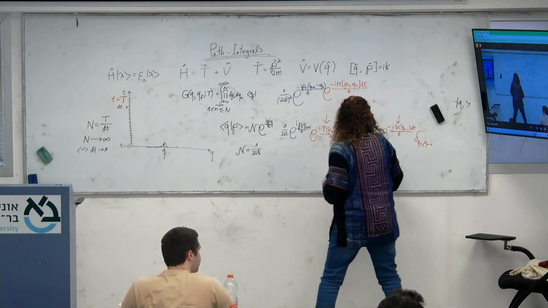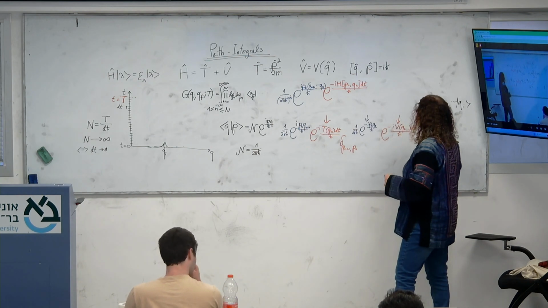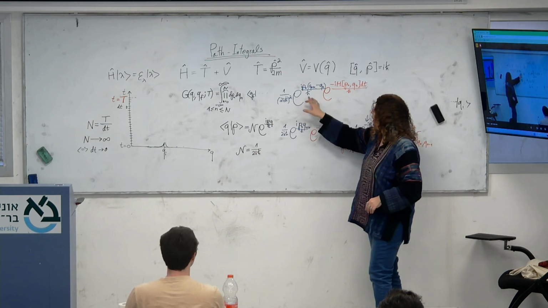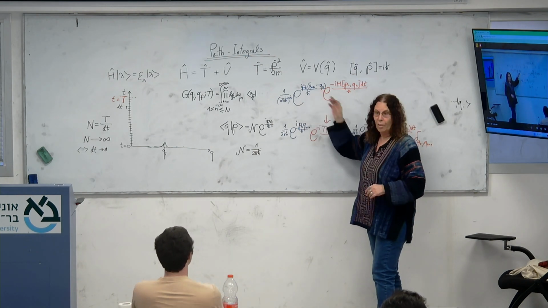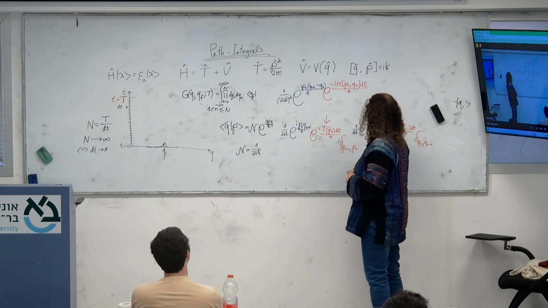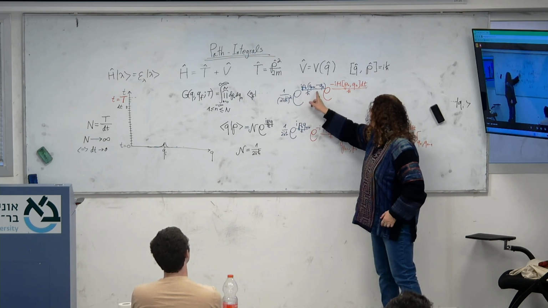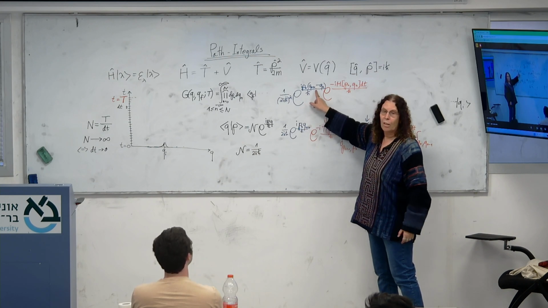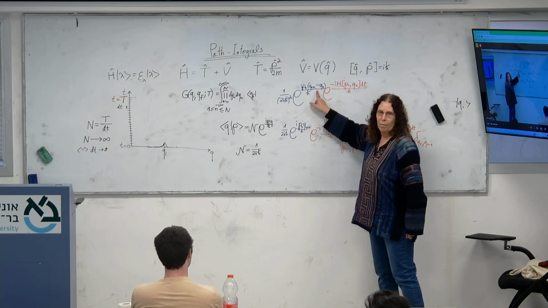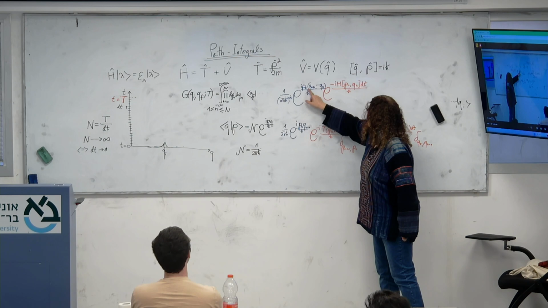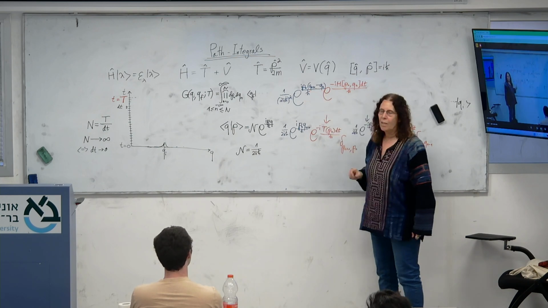I'll relate it to some intuitive picture, but there's still a nice way of simplifying the whole thing even further, because what we have here in the exponent is the difference between Q_{n+1} minus Q_n. What is it?